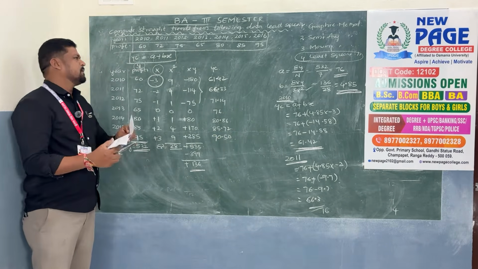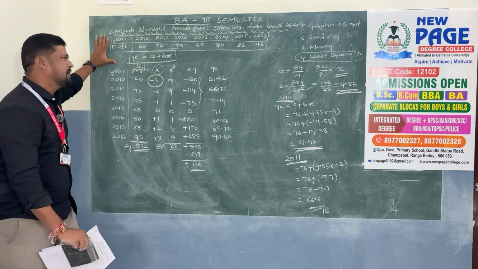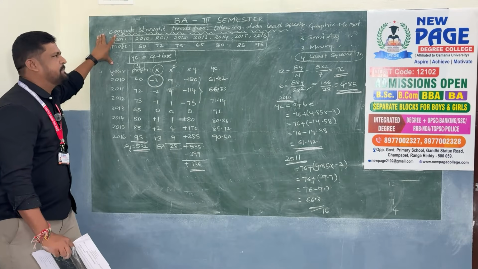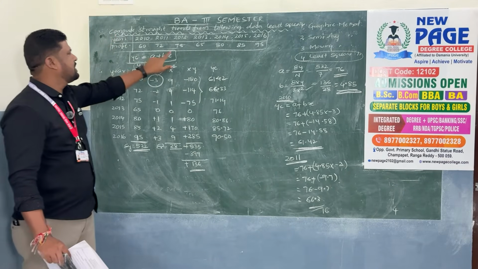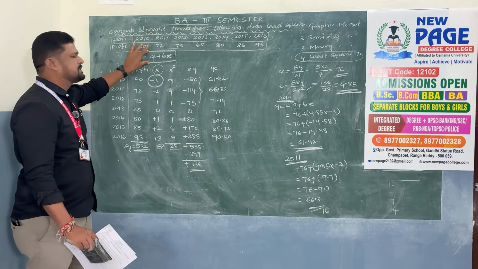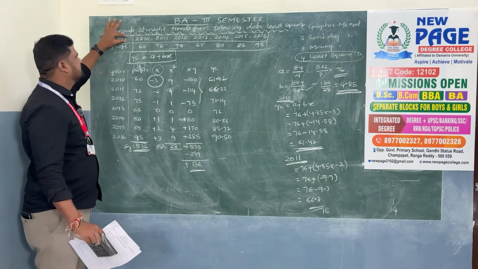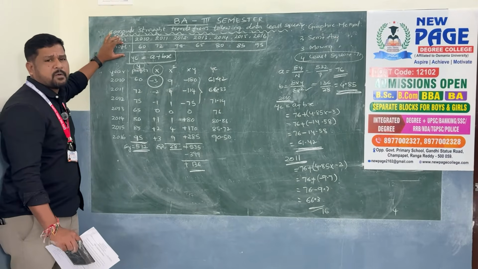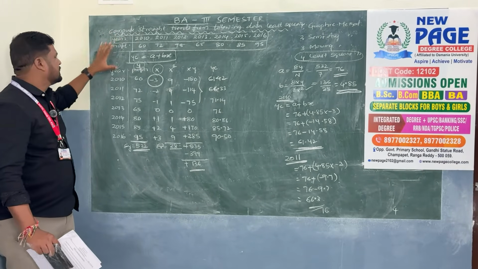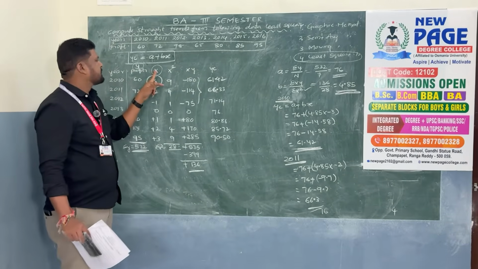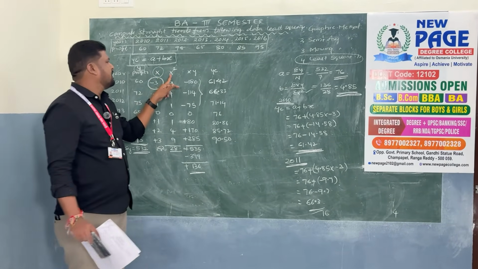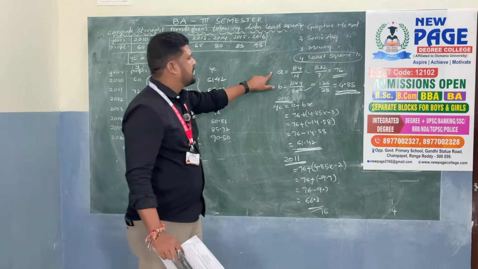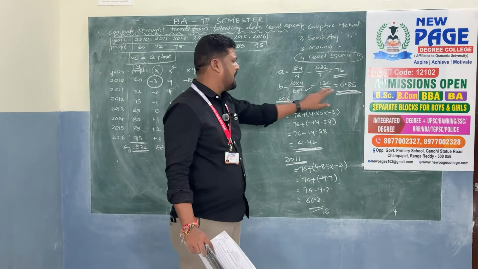This is a compulsory, 100% question: the straight line least square method. Yc = a + bx is the formula. Simple data is given, such as profits, products, expenses and so on. First find out the x values, then x square and xy, then find the a value and the b value.